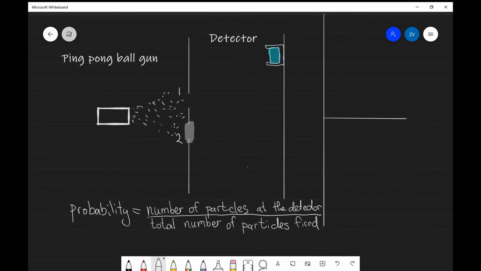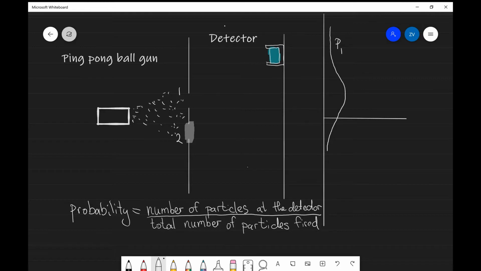So let's just plot the probability, and it's going to be a curve with a peak somewhere here. So it will peak quite near the opening of the slit. We're going to call that curve P1.